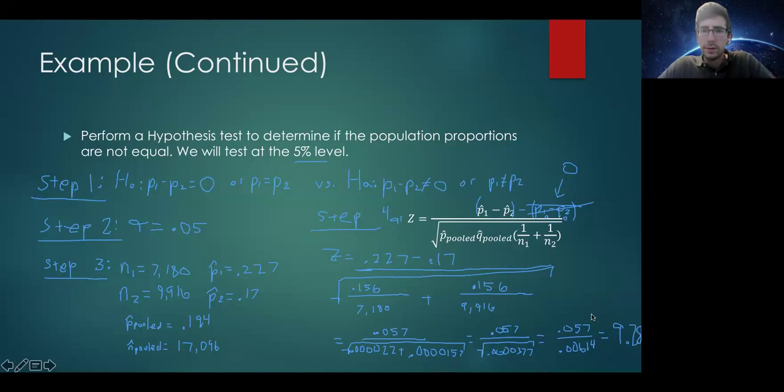I'm going to draw step 4, part B up here. It's a really bad drawing. So that's a z value, right?